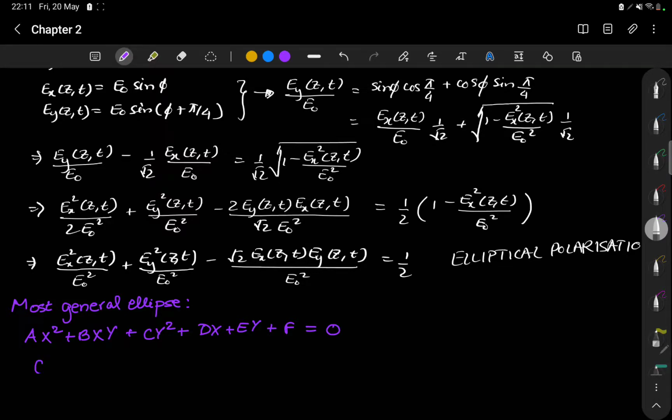So angle made by the major axis with the x-axis is as follows.